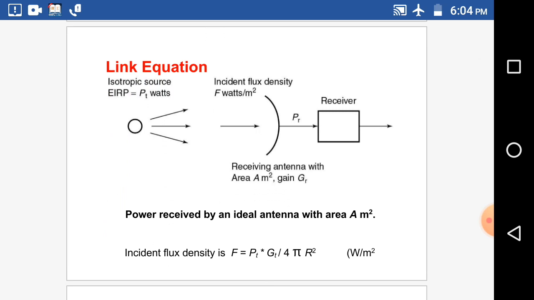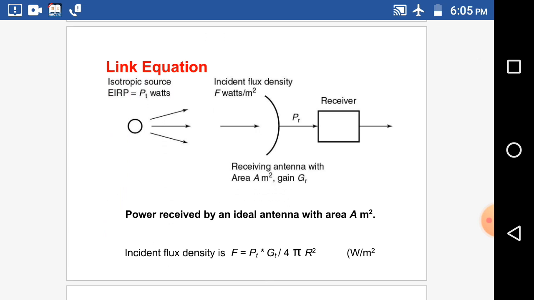Gain of the transmitting antenna is GT. So effective isotropic radiated power EIRP is nothing but PT into GT. We want to measure the power density across a receiving antenna.